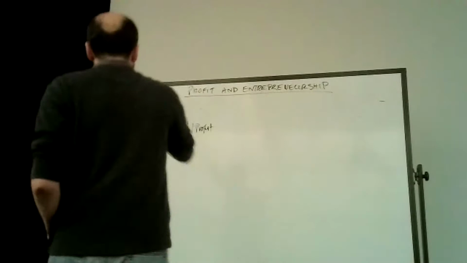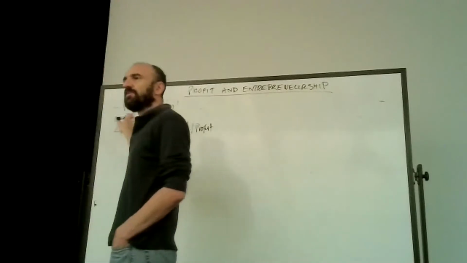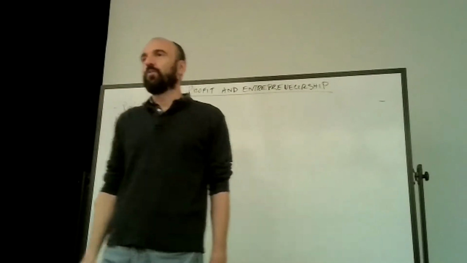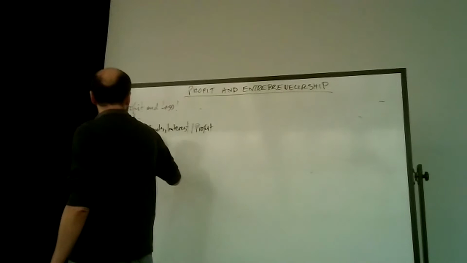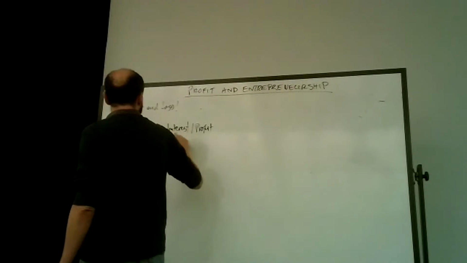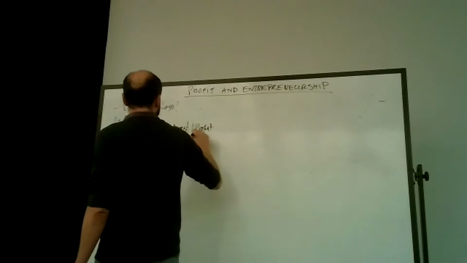Once we do that, we're going to complicate a little bit our initial simple-minded definition of profit by drawing a sharp distinction between what we can call accounting versus economic profit.